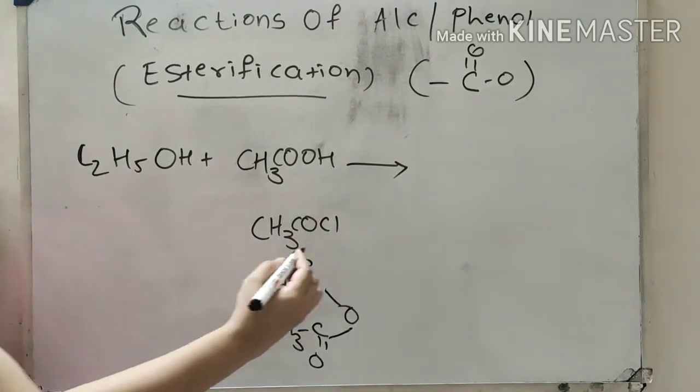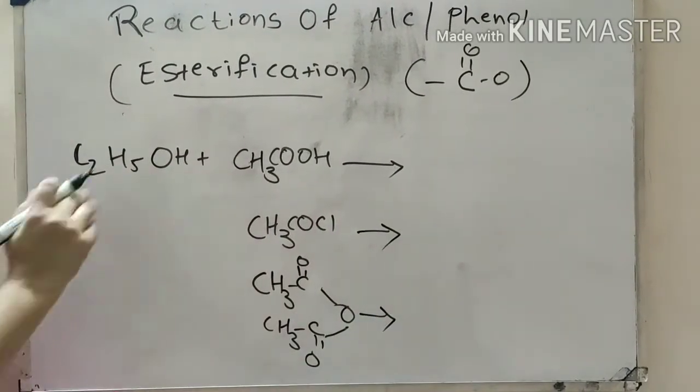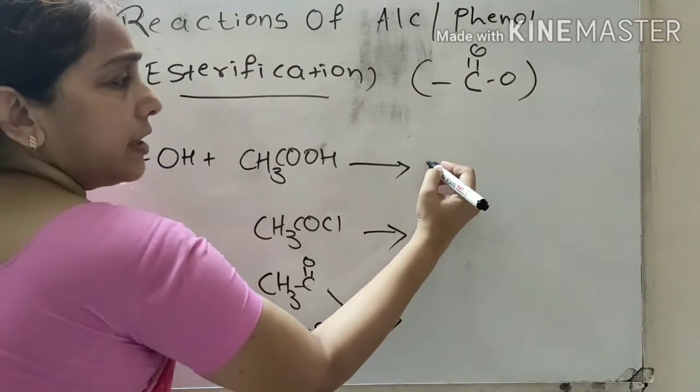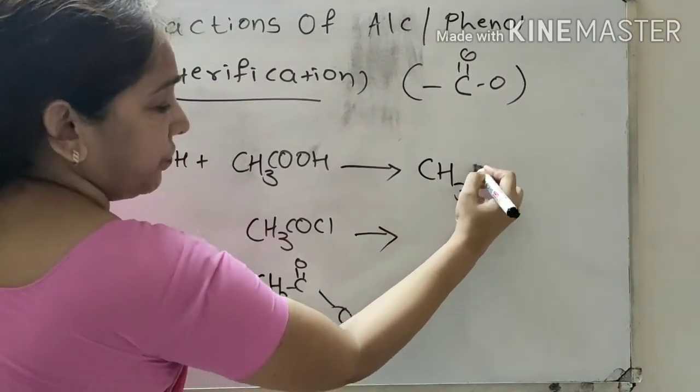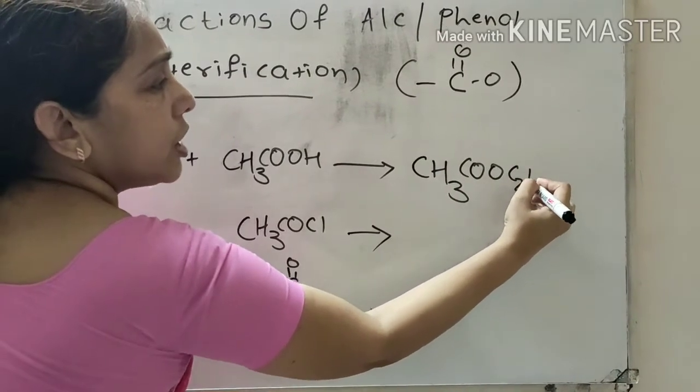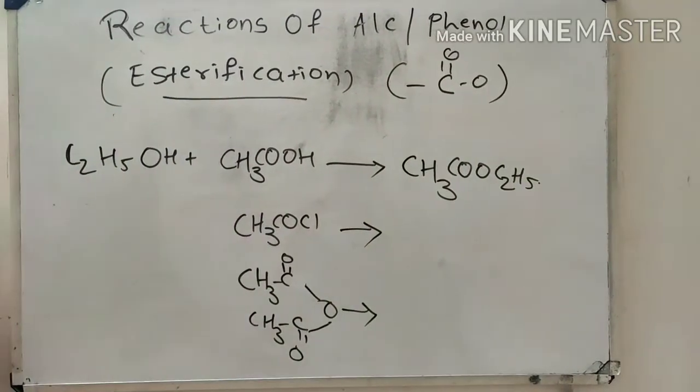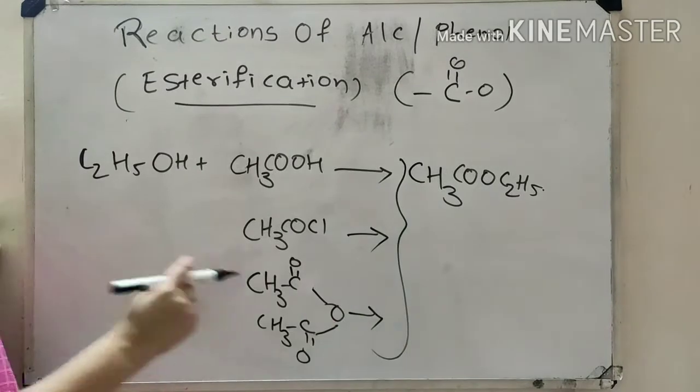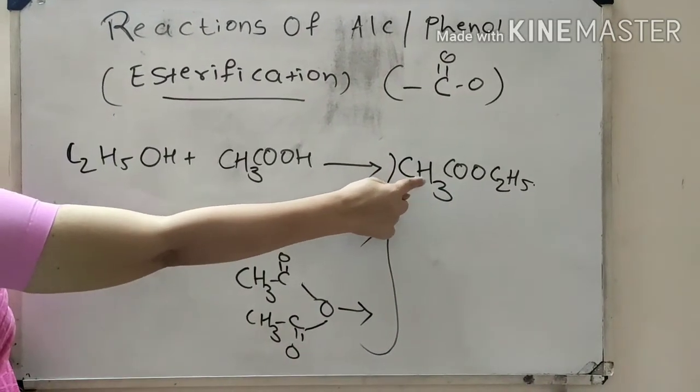Then in all three reactions, the product will remain the same. We get CH3COOC2H5.